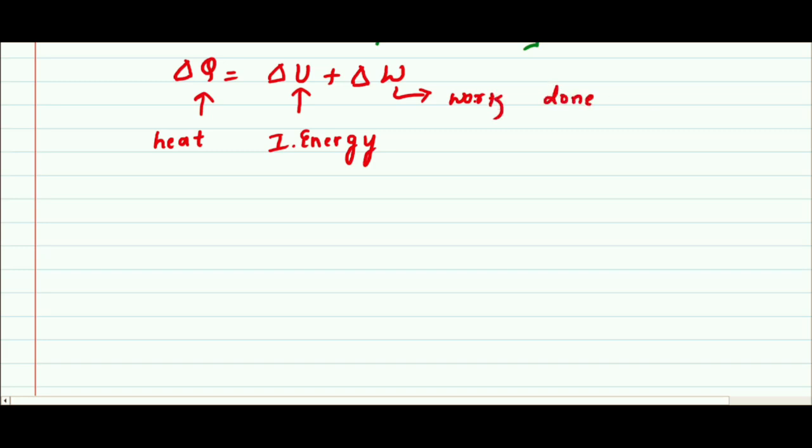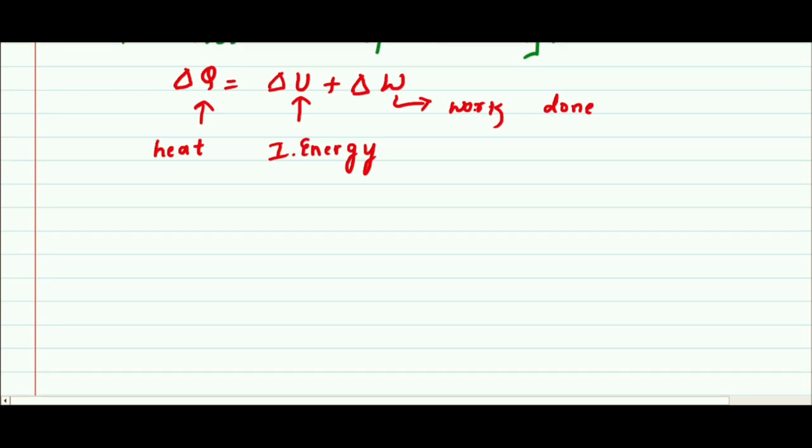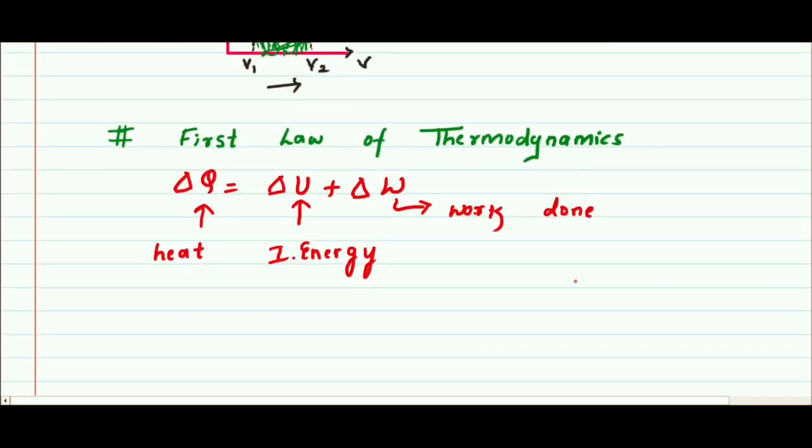So how can it be said that delta Q is equal to delta U plus delta W? If we consider one simple example, if we consider this container and some particles are present over here, and we supply heat energy to this system.